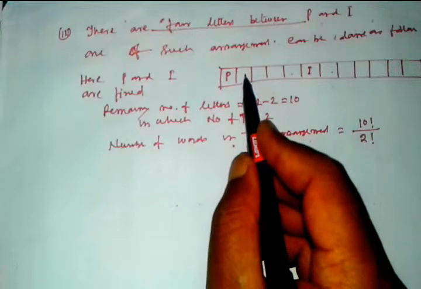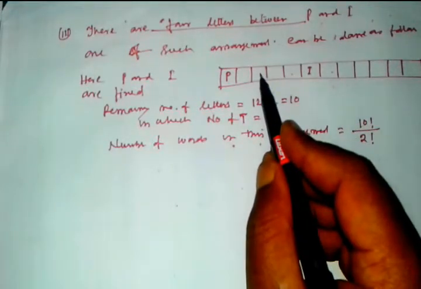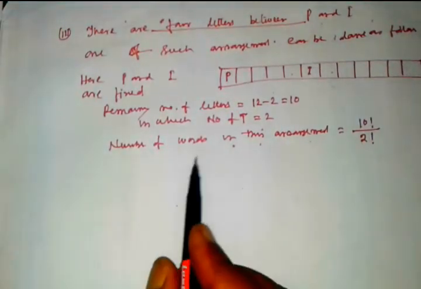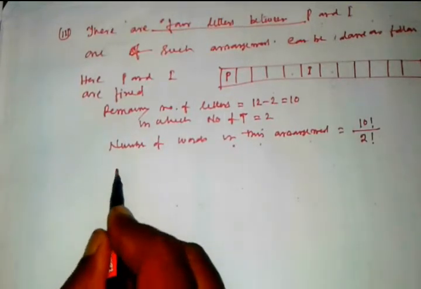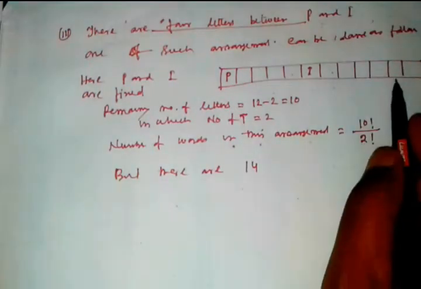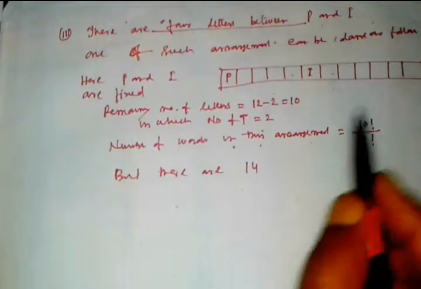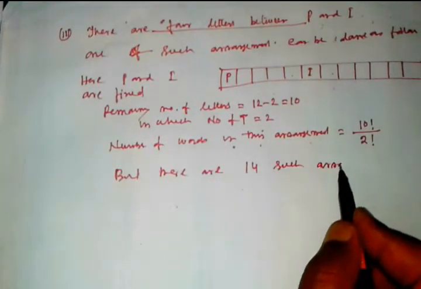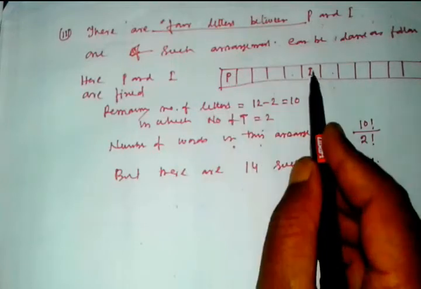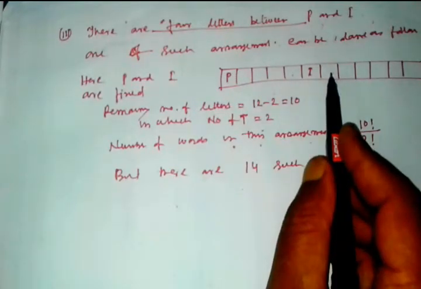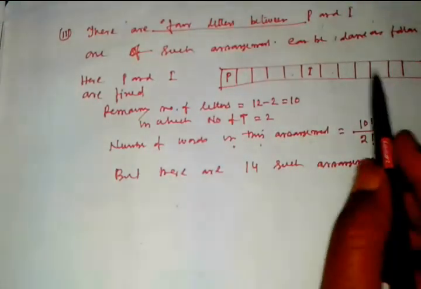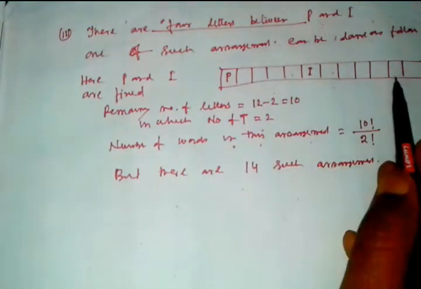We can place P here, then I is there, and vice versa. There are 14 such arrangements. Why? Because if we change P and I, we get another one, and if we move P along, we can keep changing I too.